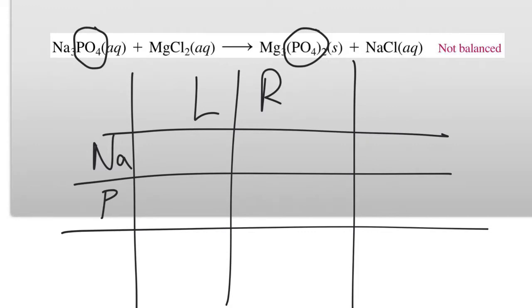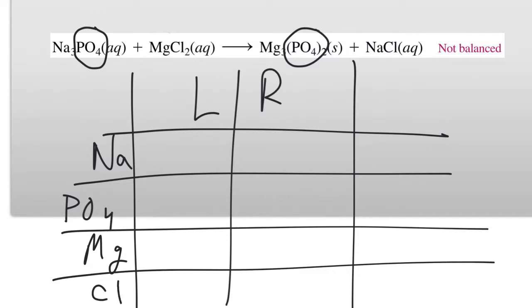So you can actually just write PO4. If you did just P and separated the oxygen from it, many reactions have oxygens on multiple different compounds in the reaction, and that makes it a little more challenging. So look for ionic compounds and try to keep them together if you can. So we've got phosphate, we've got magnesium, and we've got chlorine.